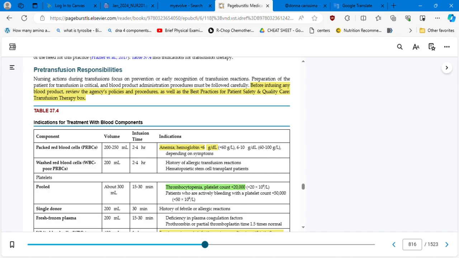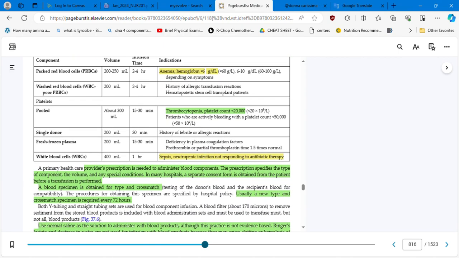Okay, so indications for treatment with blood components: you have the pack of RBCs in case of anemia with hemoglobin less than 6 g/dL. That's, in theory, the standard to transfuse RBCs.